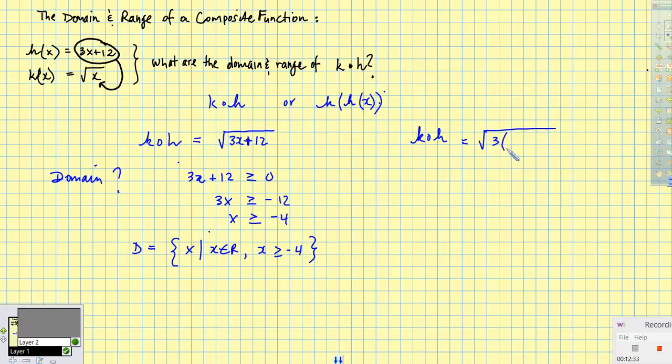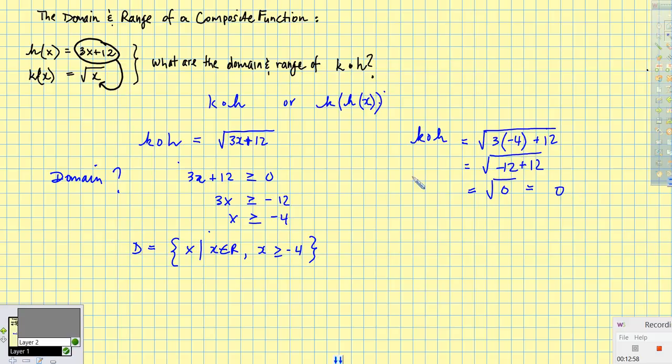So if I do 3 times negative 4, that is my first allowed value, because any number smaller than that is not going to work. From negative 4 onwards, you are allowed to put that number in, so I've got negative 12 plus 12, and we end up getting the square root of 0, which equals 0.